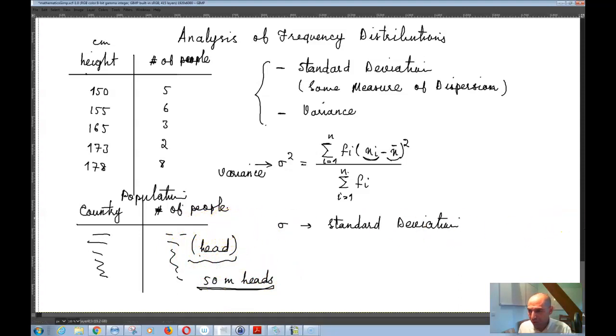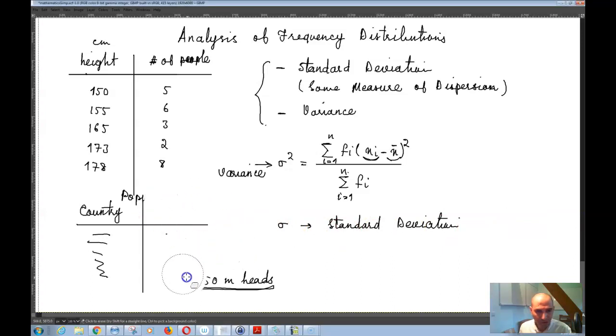Or if you had some country, and over here the area of that country in square kilometers, then the unit over here would be square kilometers. Then the unit over here would be only centimeters.